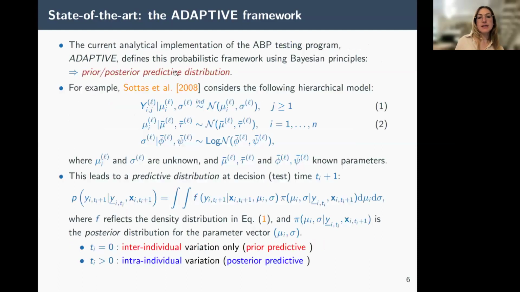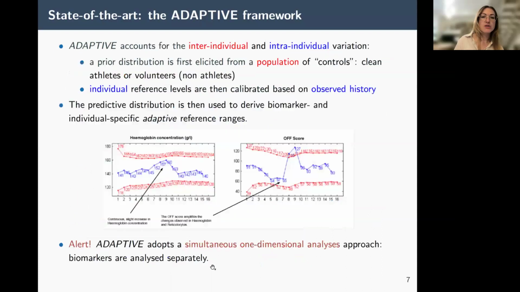So in this case, if we are referring to a posterior distribution, then the posterior distribution reflects for the prior distribution the inter-individual variation, but at the same time, since it also accounts for the individual trajectory of I, it also takes into account and calibrates the reference ranges according to the intra-individual variation, so to the specific characteristic of each individual.